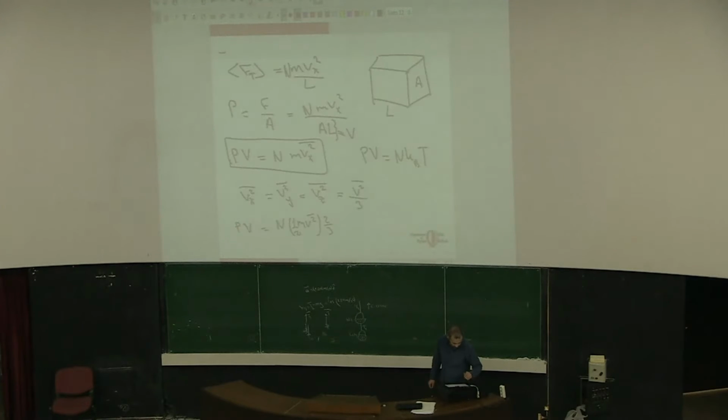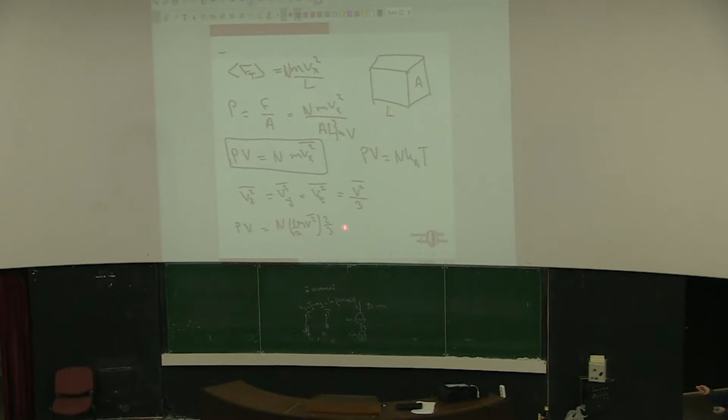So we know the force. We obtained the average force acting on the wall, divided by the area. Then this L just becomes the volume. So we obtain this relation from this microscopic picture of the gas.